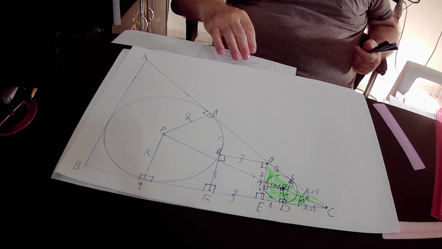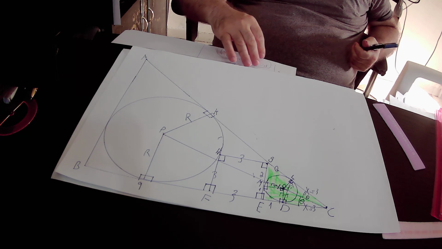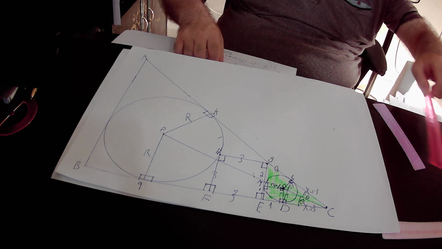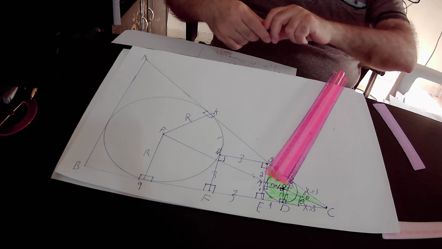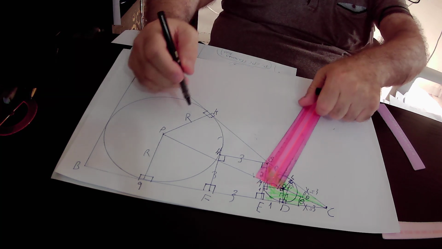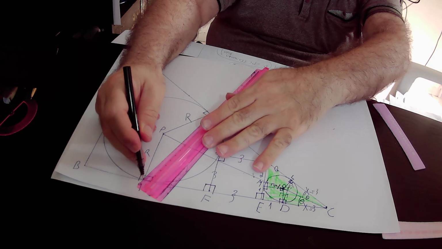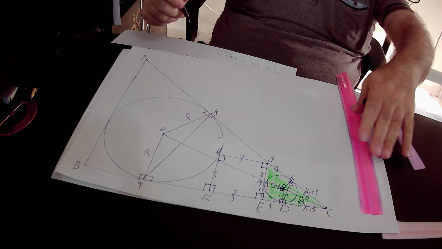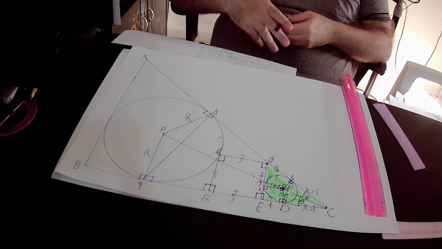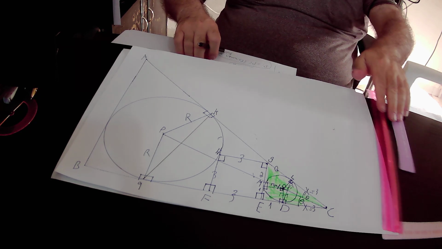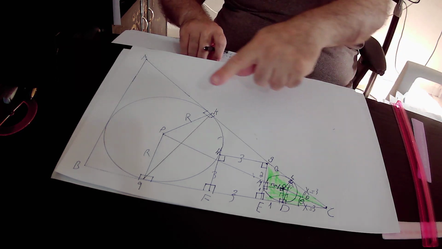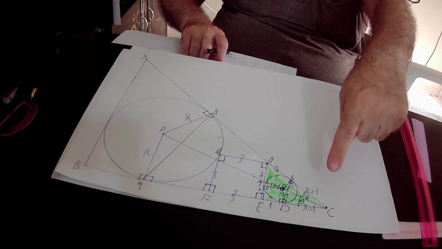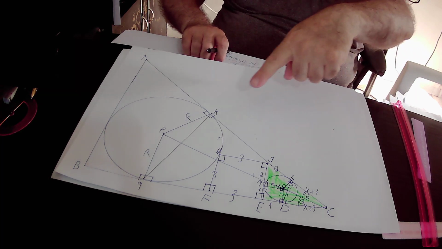So actually here we join points K and Q by a straight line. We actually found here that PC is also the angle bisector of angle C in triangle KQC.